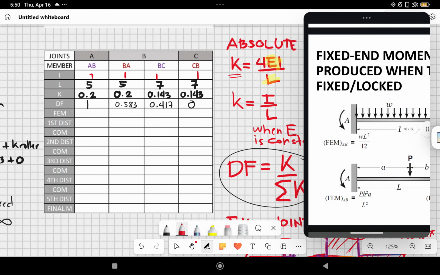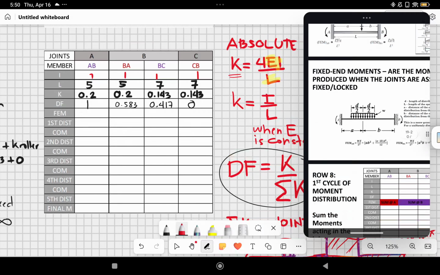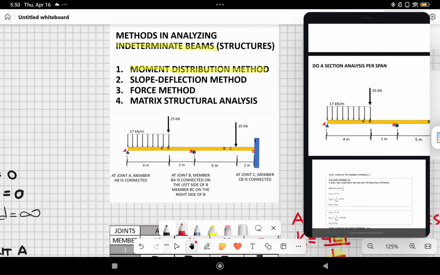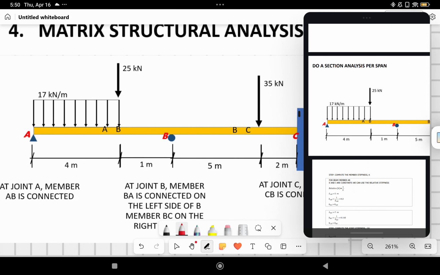Okay, so I have pre-computed the FEMs. Assume lang natin, since wala tayong fixed end dito, ang process ng moment distribution kasi, pinapagawa niya is you assume first that the members are fixed-ended.